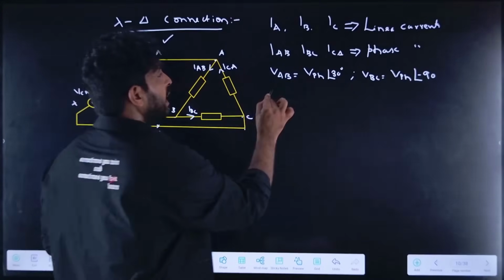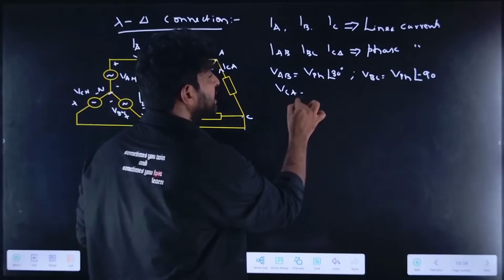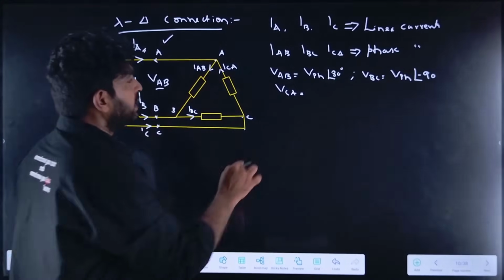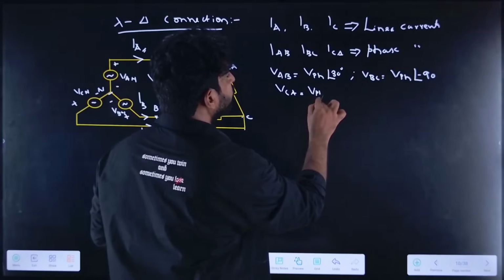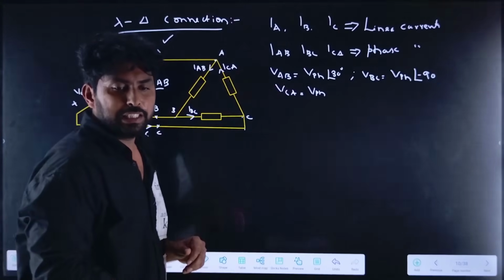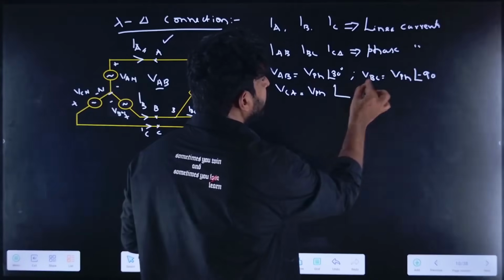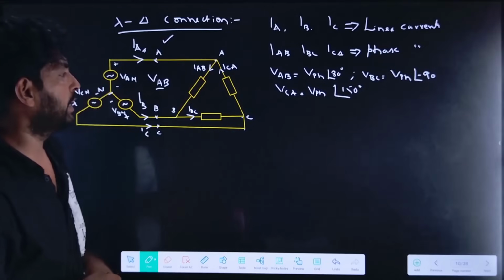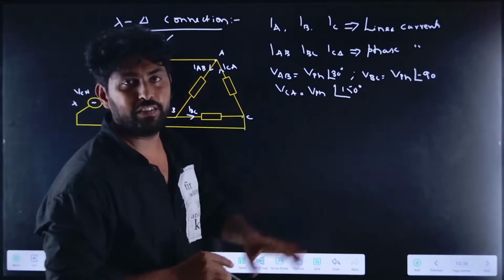What is VCA? The line voltage VCA is equal to the phase voltage at an angle of 150 degrees, 120 plus 30, 150 degrees. These are VAB, VBC and VCA.